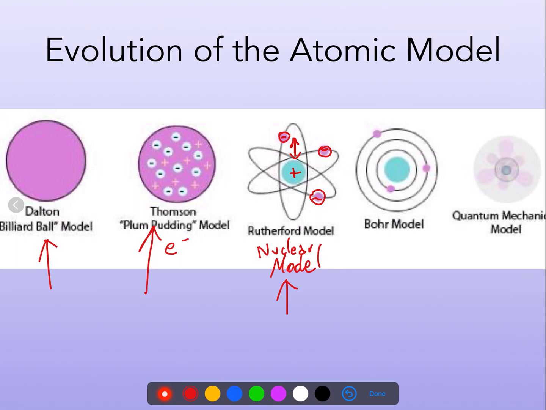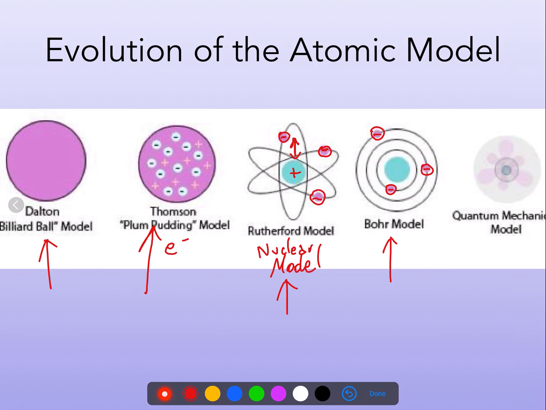If they're a little bit like planetary moons, do they have different orbits? And if you look at the Bohr model, which you've done a little bit of in grade 9, there's an idea that these electrons can be in different orbits. So it sort of takes the planetary idea and pushes it a little bit further, right? But these are just all evolutions of understanding.